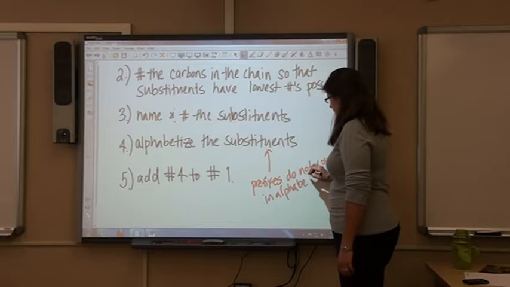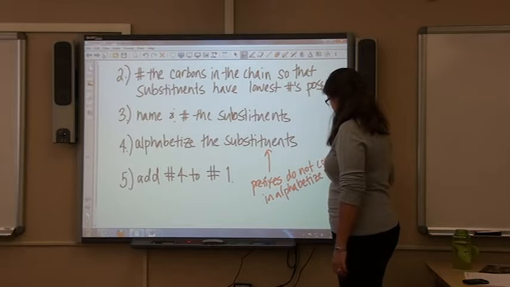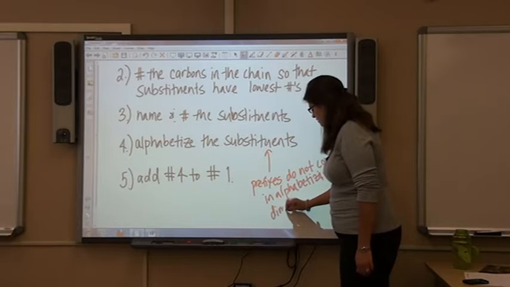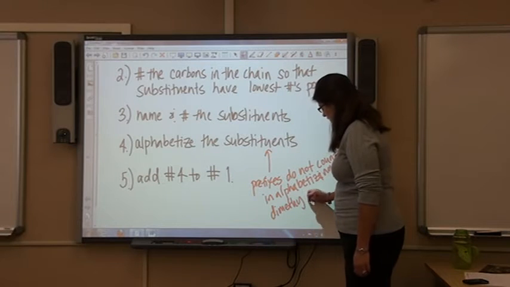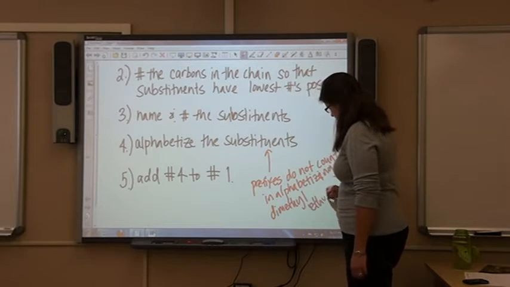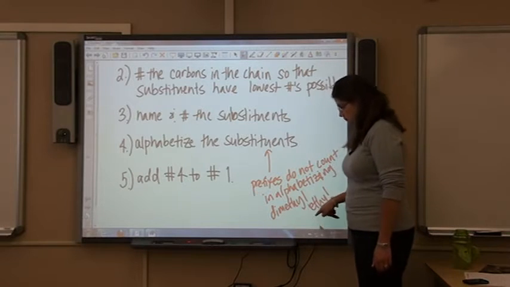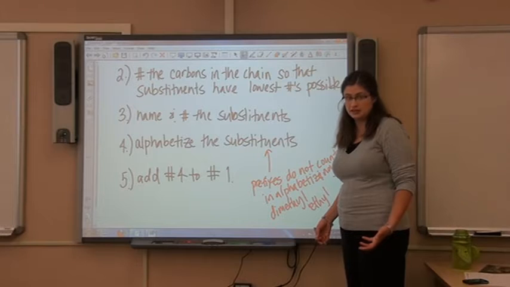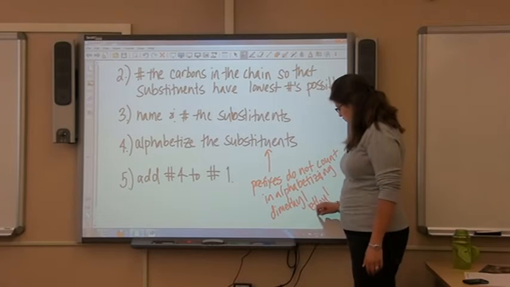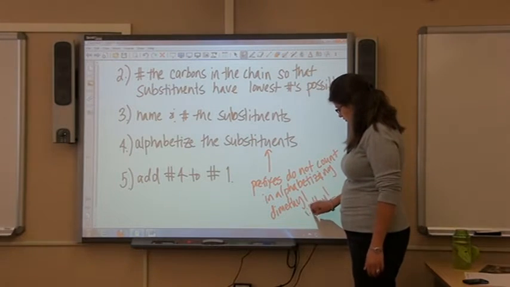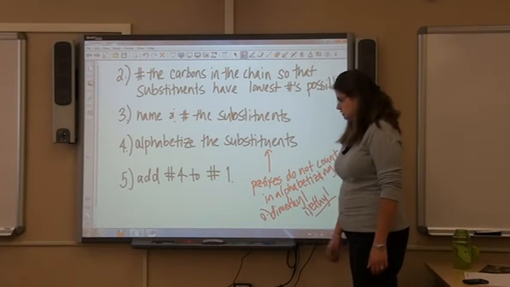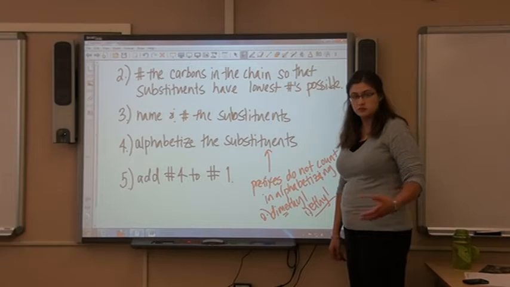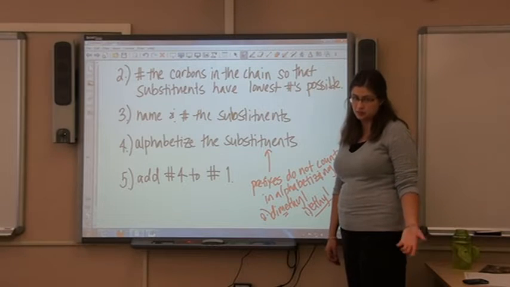So in other words, if you have dimethyl and ethyl, even though the D comes before E in the alphabet, we don't count those prefixes when you're alphabetizing. So ethyl actually comes first, and then the dimethyl, because we're going by the name of the substituent, not by the name of its prefix.